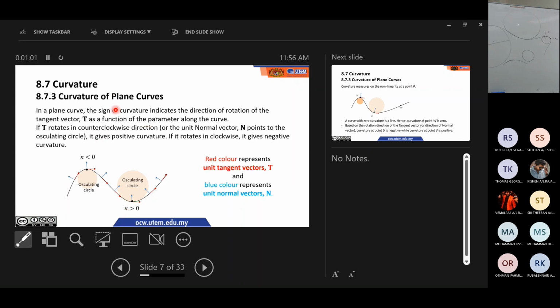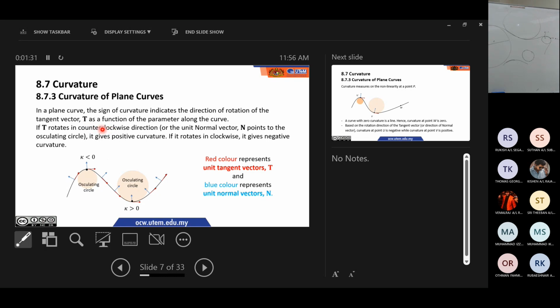The sign of curvature indicates the direction of rotation of the tangent vector. Here, at these few points, your tangent vector turns to the right or left. Normally we use the terms counterclockwise or clockwise.